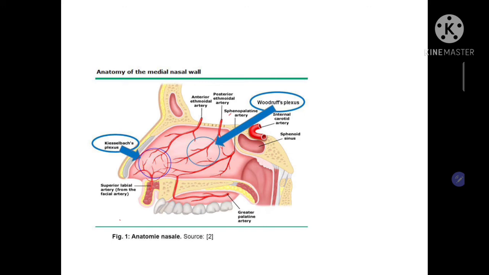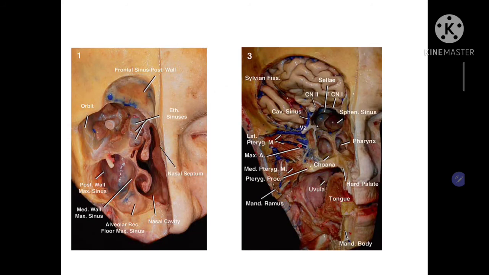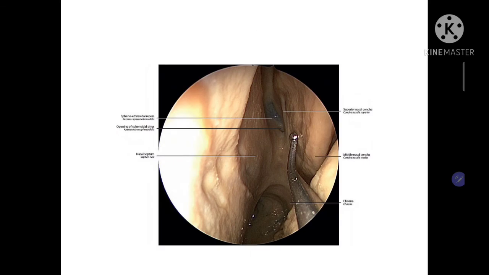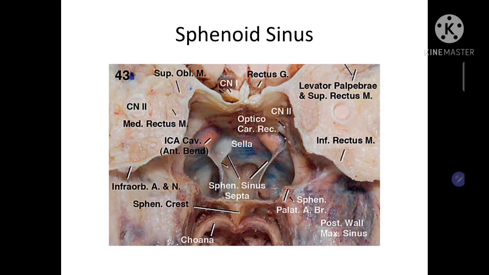The drainage is homologous, you have the same name as the artery. You can see here the sinuses: the maxillary sinus, the ethmoid sinus also, and the frontal sinus. Another view, endoscopic view. You see the sphenoethmoidal recess. Now another coronal view. You can see the sphenoid sinus here, and you see the choana.